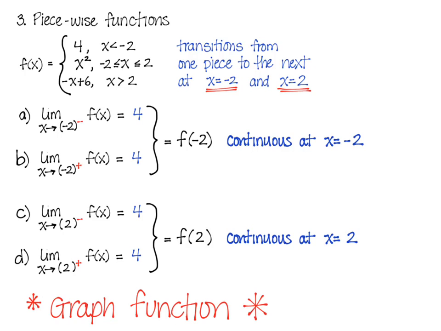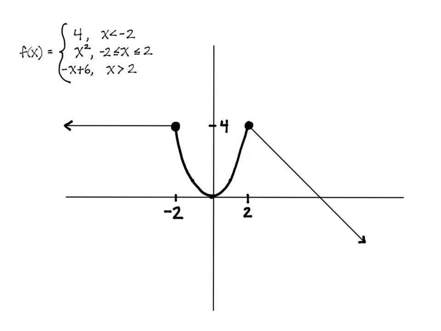So we need to also look at this graphically. Just looking at it numerically is not enough right now. We need to do it numerically and graphically. So we need to graph this piecewise function. Well, here's the graph of the piecewise function. For all of the inputs of -2 or less, we just return 4. So we have that horizontal line. Between -2 and +2, we have the parabola x squared.